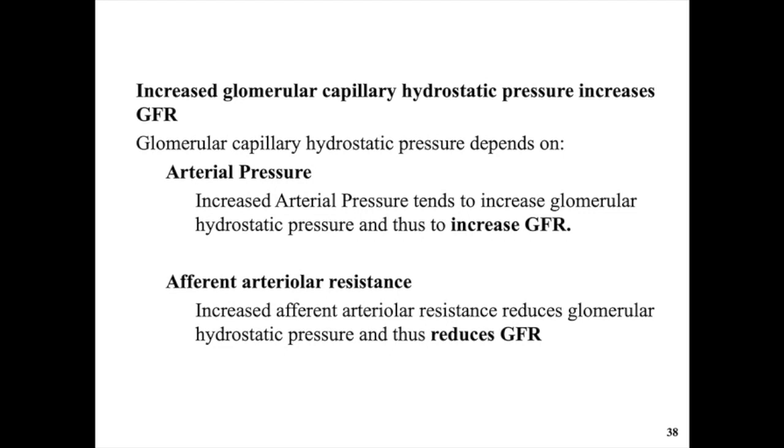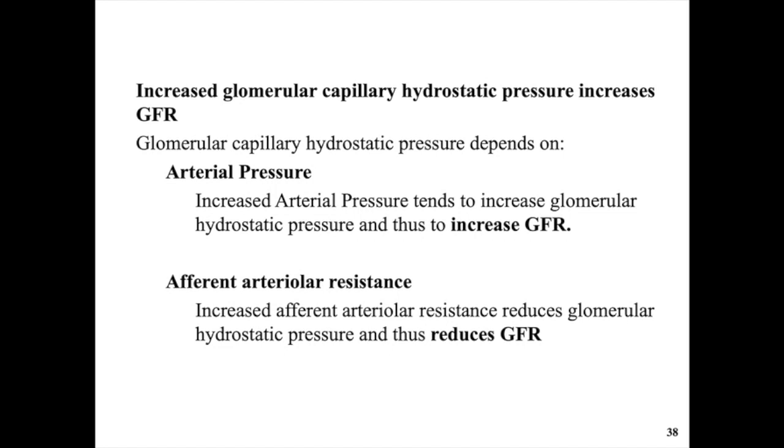So anything that increases the arterial pressure, increases the afferent arterial pressure, will increase the glomerular filtration rate. We can also play this in terms of vasodilation and vasoconstriction. Vasodilating, dilating the afferent arteriole, lets more fluid go into the glomerulus.